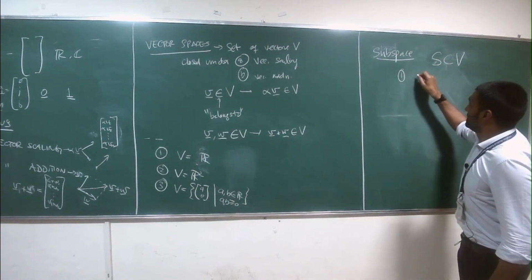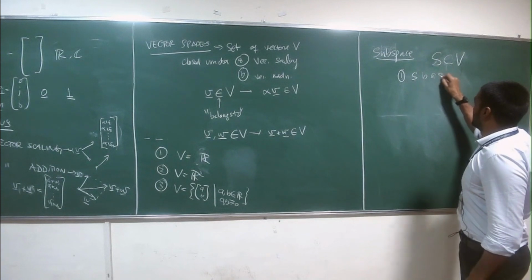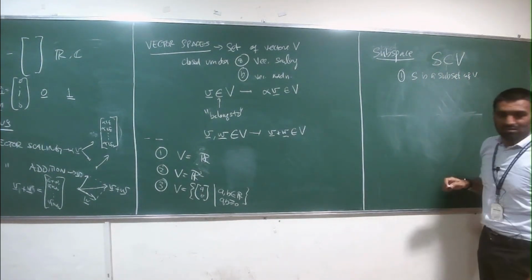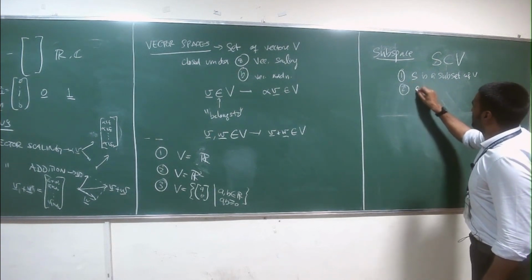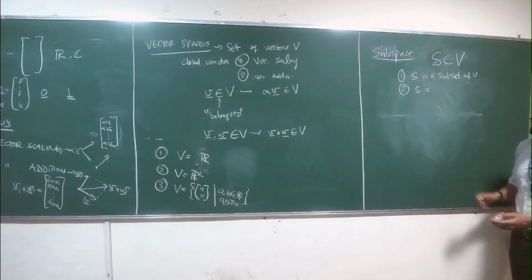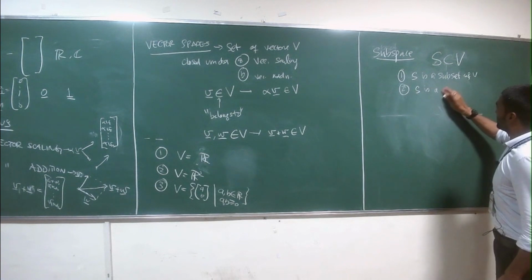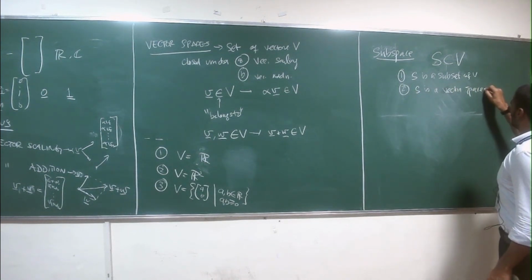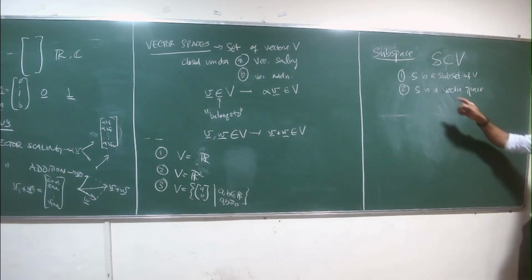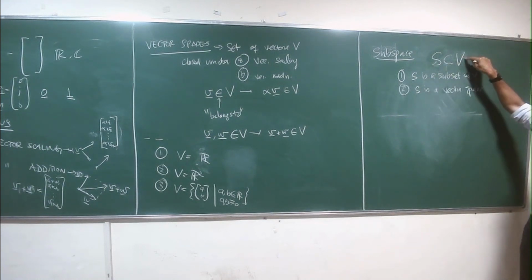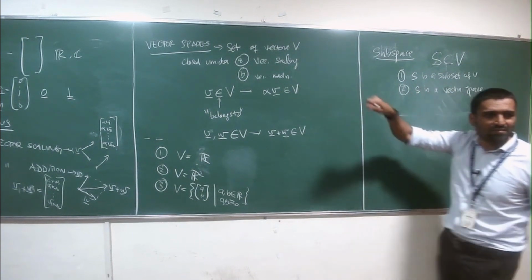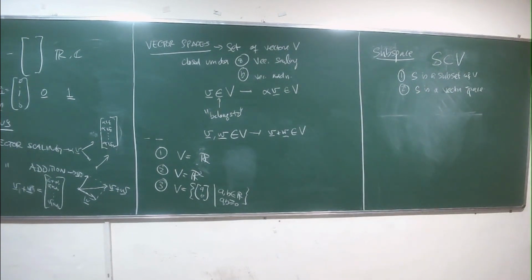One, S is a subset of V, and two, S is a vector space. Which simply means S is contained within V, and S has to satisfy these two properties. Is that clear?